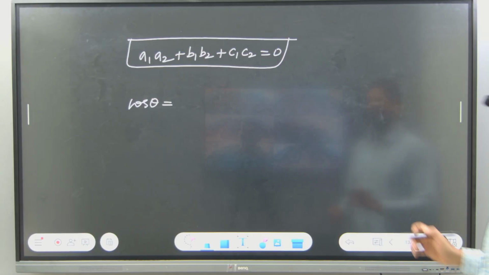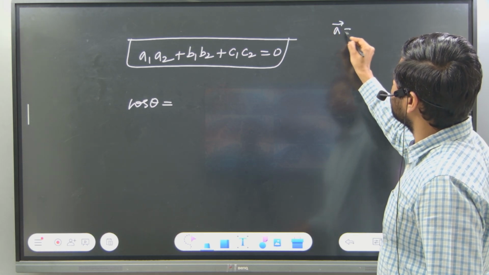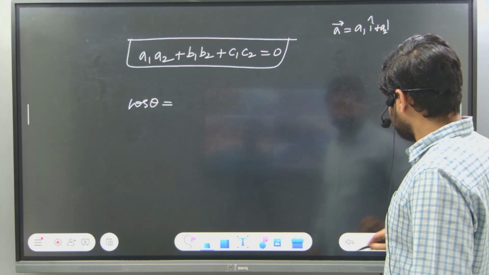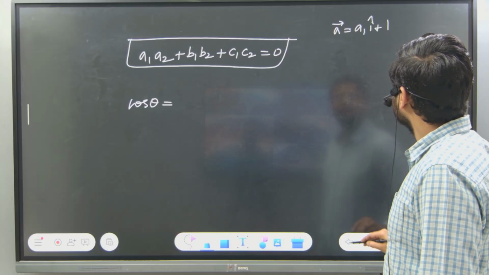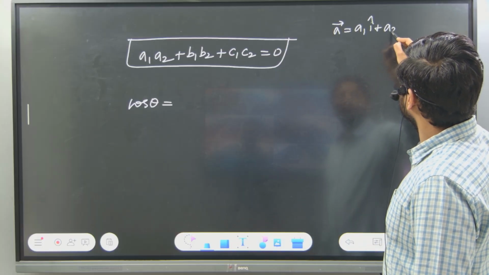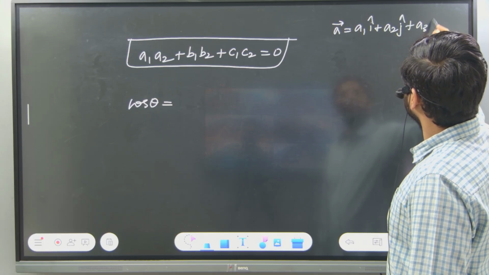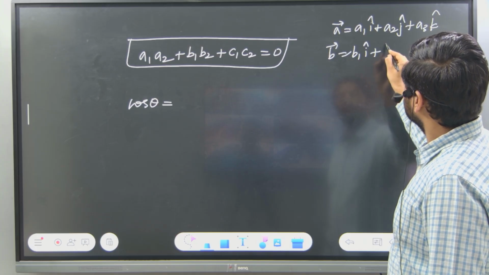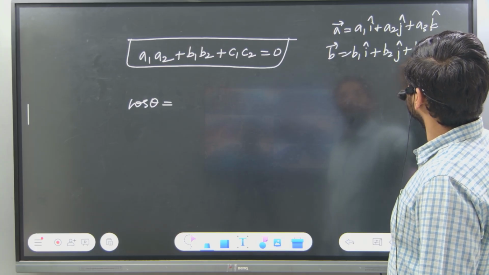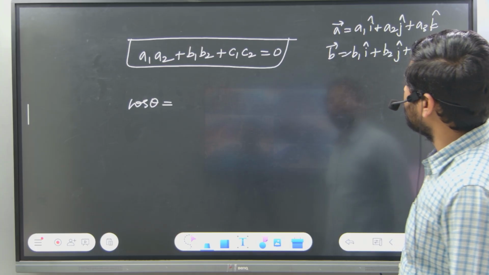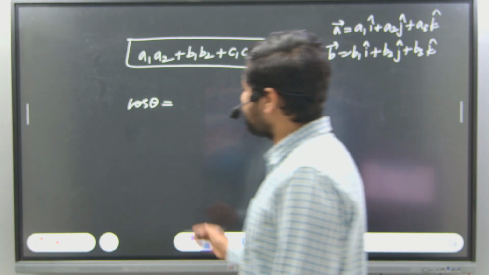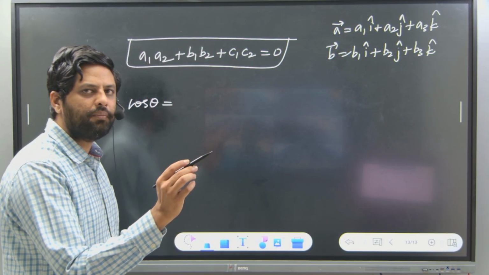Say for example, we have two vectors. Let me take A vector as A1 i cap plus A2 j cap plus A3 k cap, and B vector as B1 i cap plus B2 j cap plus B3 k cap. As I was telling, we have a formula only in the component form. Anyone knows the formula for cos theta in the component form?